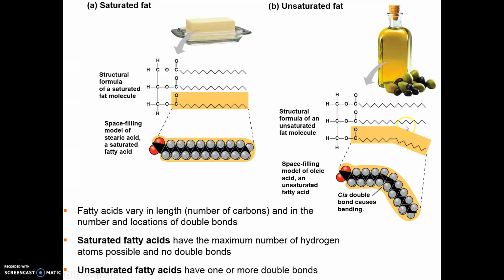This means that this can't pack quite as tightly, and it cannot form the same level of van der Waals interactions that saturated fatty acids can have. We call it saturated because it has the maximum number of hydrogens present. So it's saturated with hydrogens. Here this is unsaturated because it does not have the full complement of hydrogens because it has been replaced with a double bond.